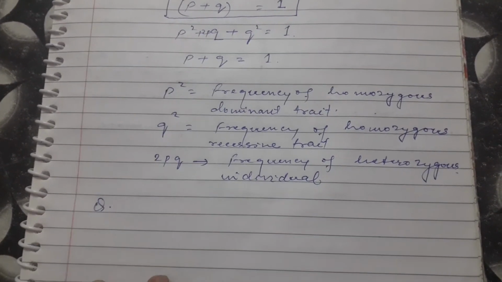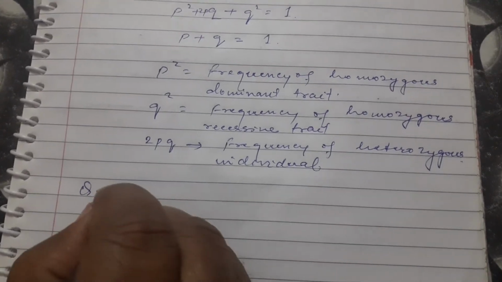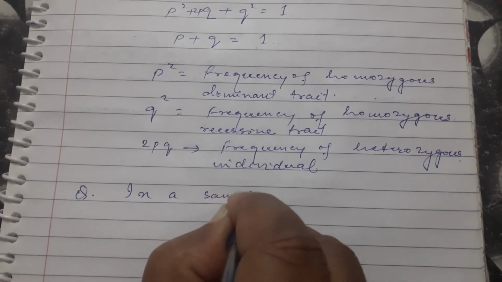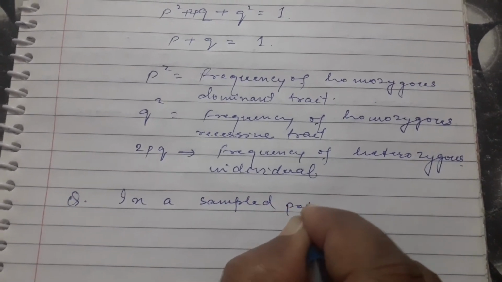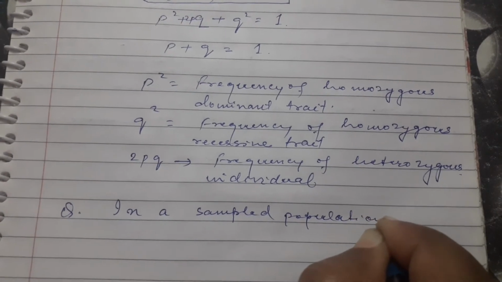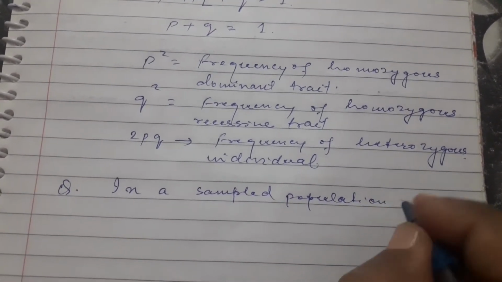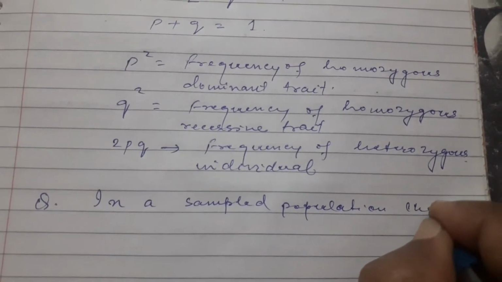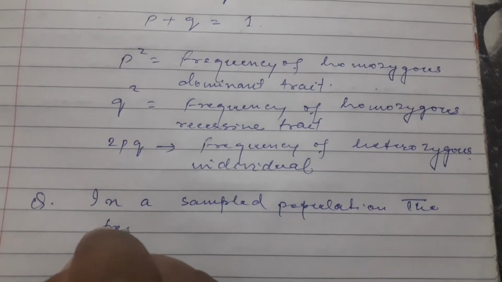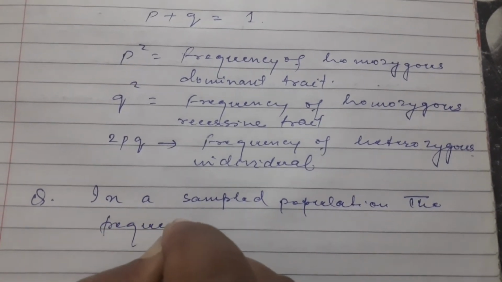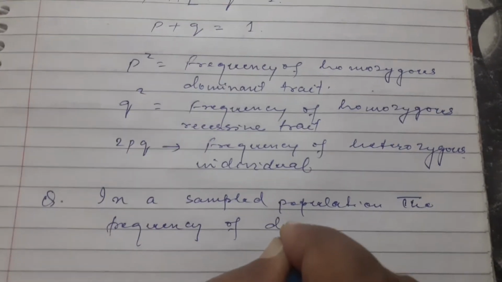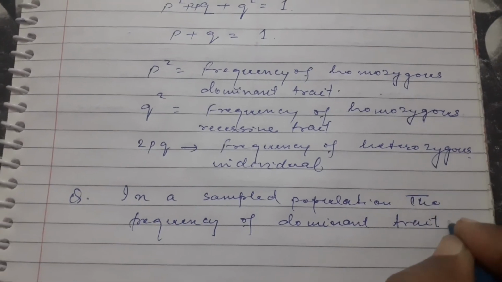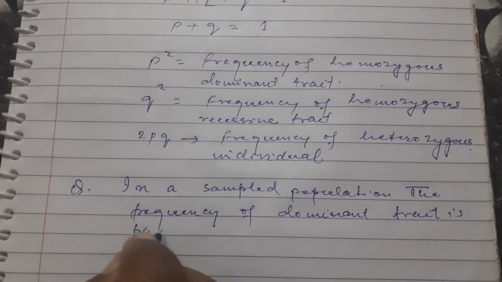Question, that is, in a sampled population, the frequency of dominant trait is 64%.